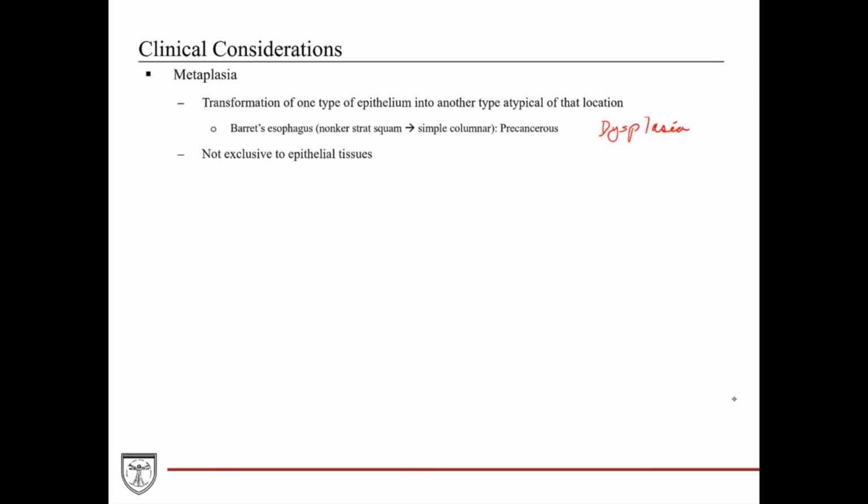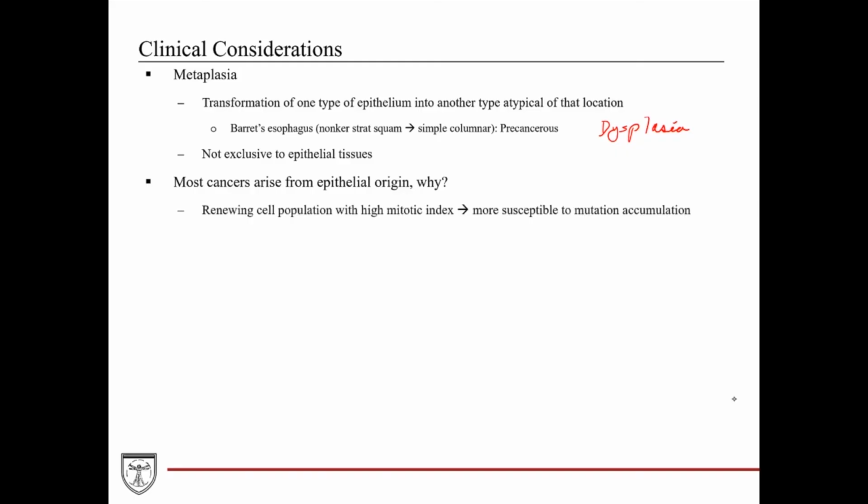Now, speaking of dysplasia, most cancers in the body arise from the epithelial origin. Consider why. It's because epithelial tissues are comprised of renewing cell populations that have a high mitotic index in order to divide and continuously replace the cells that are shedding on a continuous basis.